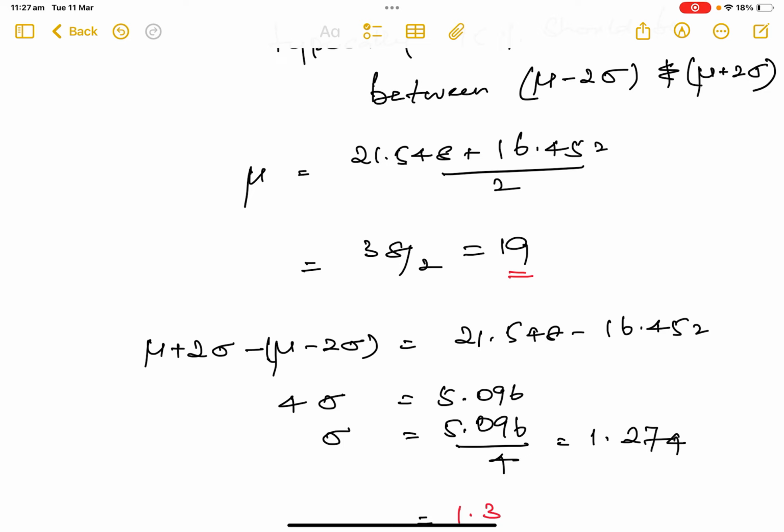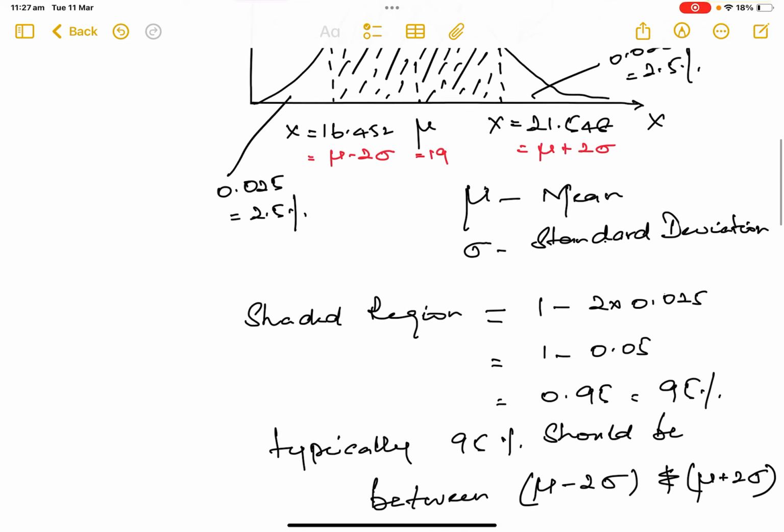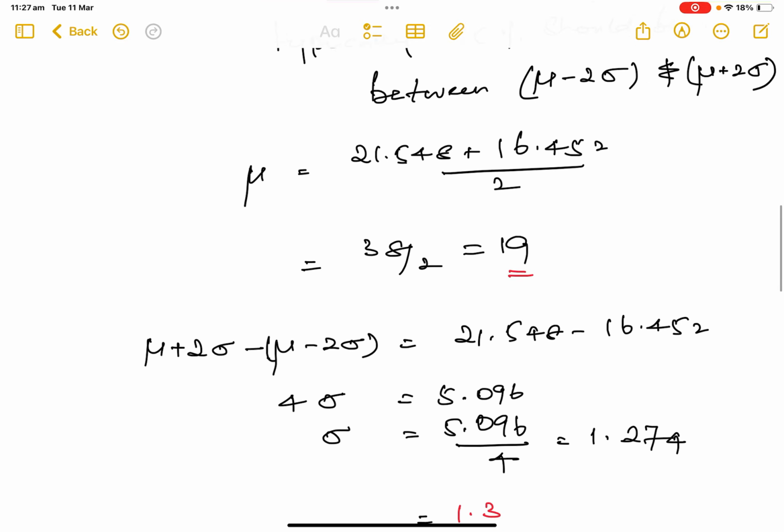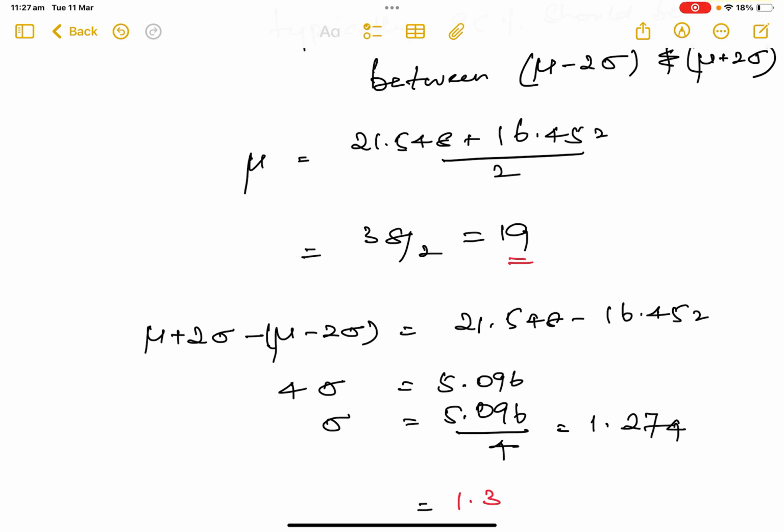So mu is right in the middle of the bell shape, right in the middle of the shaded region. Therefore mu is found by adding the upper and lower limits and dividing by 2.